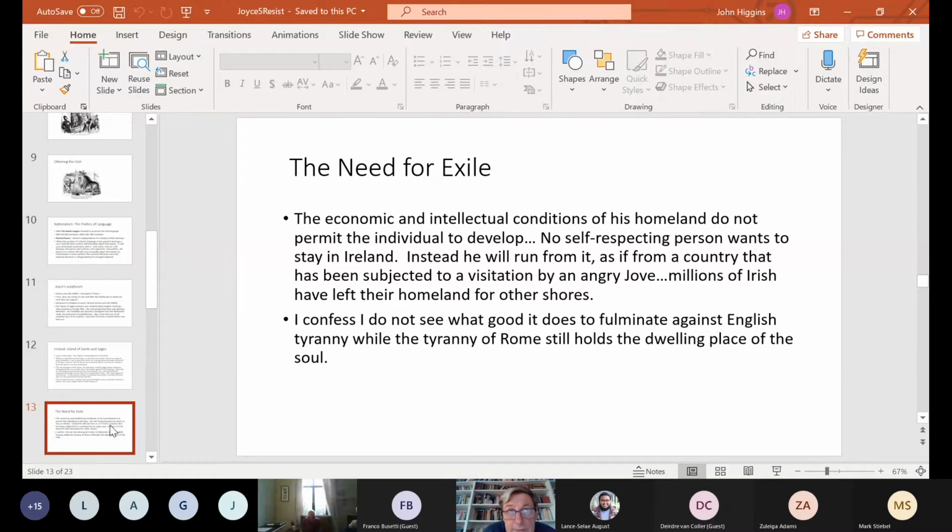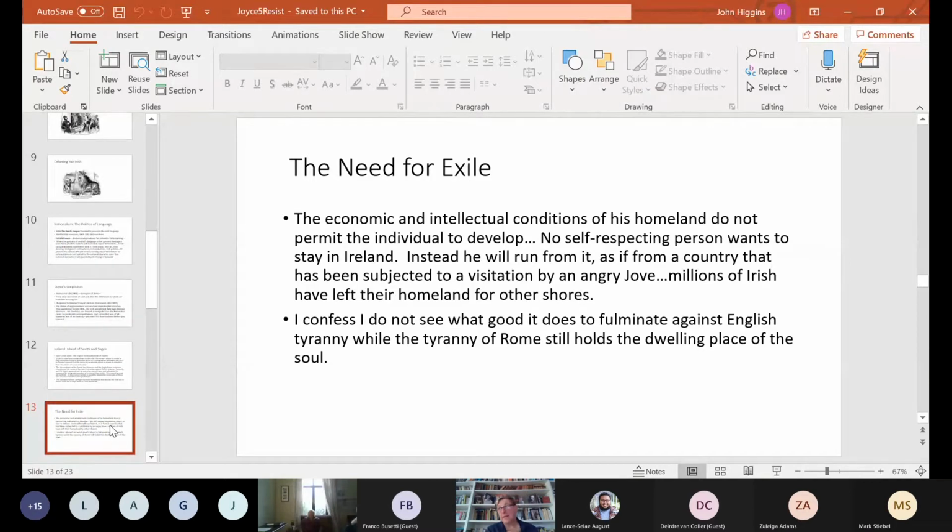But where he differs from some of his fellow Irish aesthetic nationalists is that he draws attention to the fact that it's not only from Britain that Ireland has been suffering, it's also from the Roman Catholic Church. And he writes, "I confess I do not see what good it does to fulminate against English tyranny, while the tyranny of Rome still holds the dwelling place of the soul."